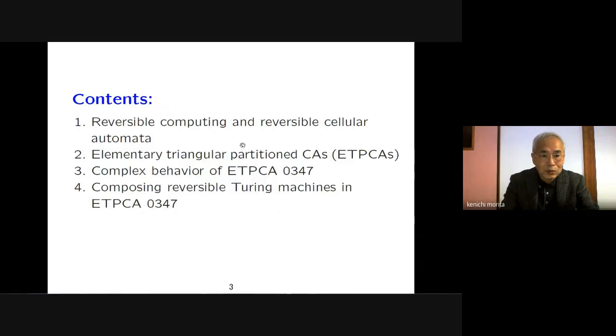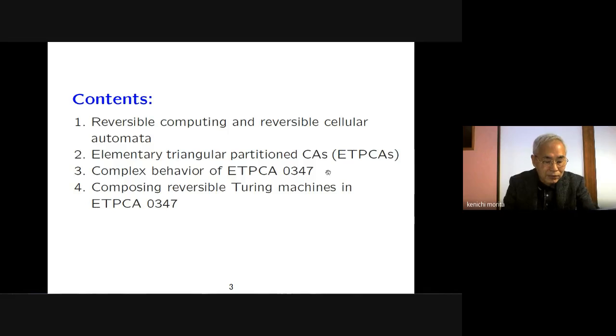These are the contents of the talk. First, reversible computing and reversible cellular automata are explained. Second, an elementary triangular partitioned cellular automaton, ETPCA in short, is defined. In the following, this framework, ETPCA, will be used.